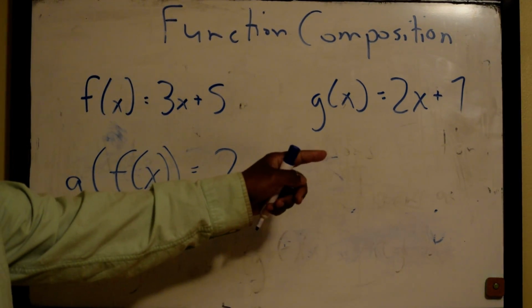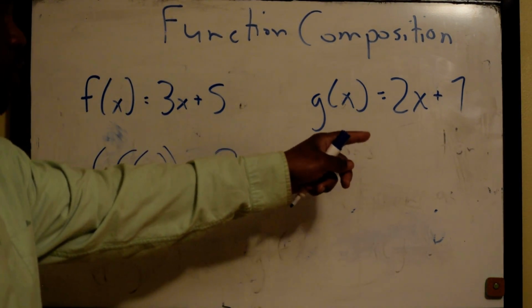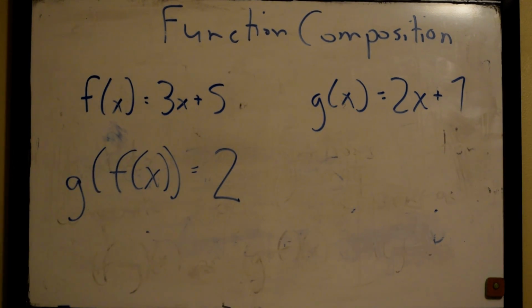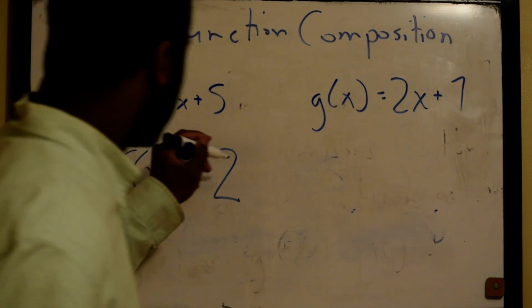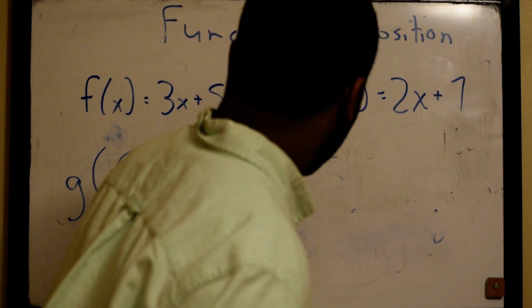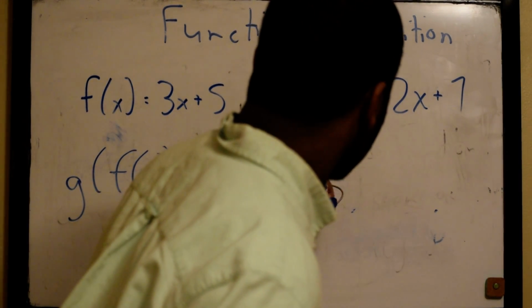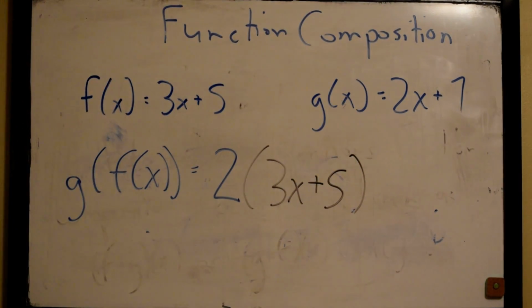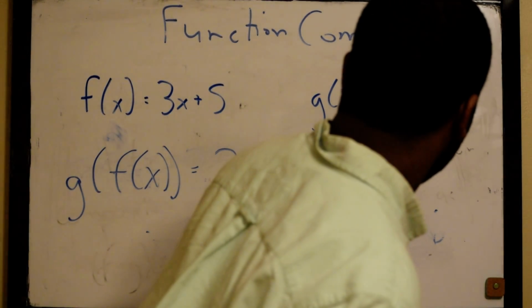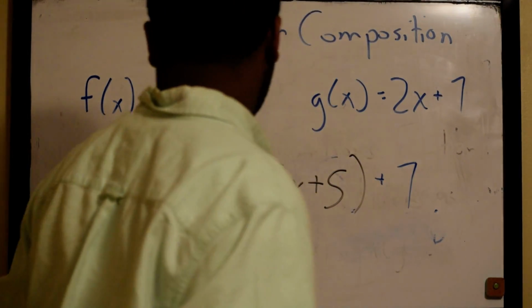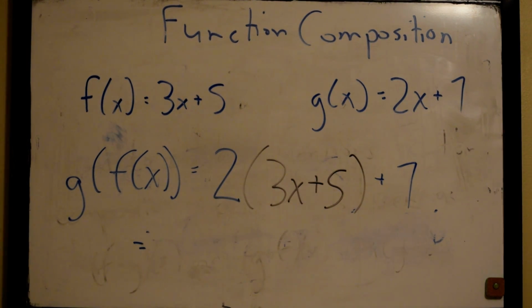Instead of plugging in a number for x the way we did in the past, we plug in this entire f function: 3x plus 5, plus 7. Now we distribute once again.